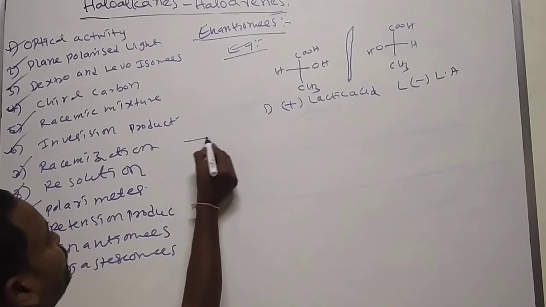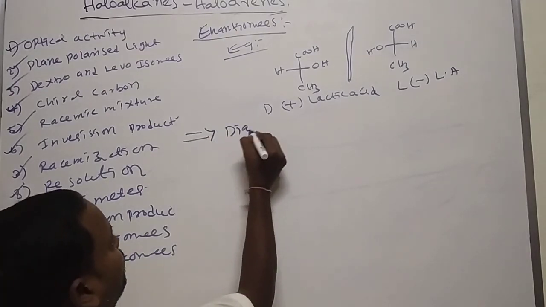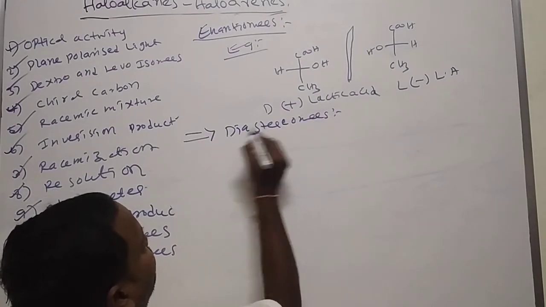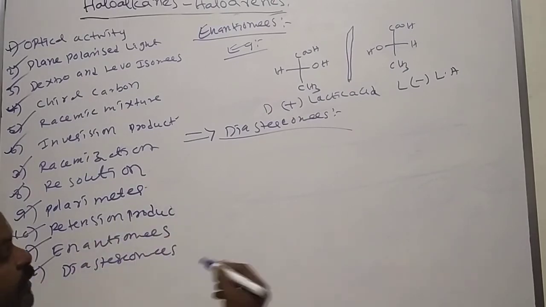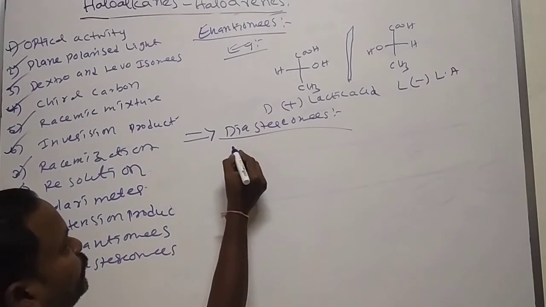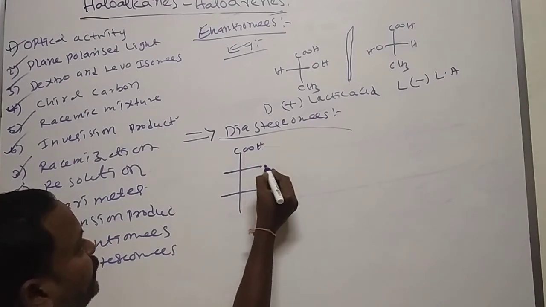What is the meaning of diastereomers? What are the diastereomers? Non-superimposable, non-mirror images we call diastereomers.